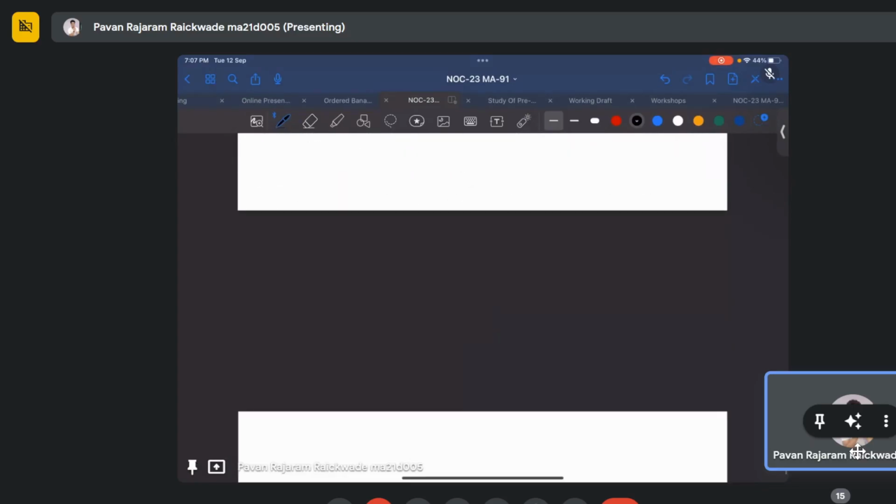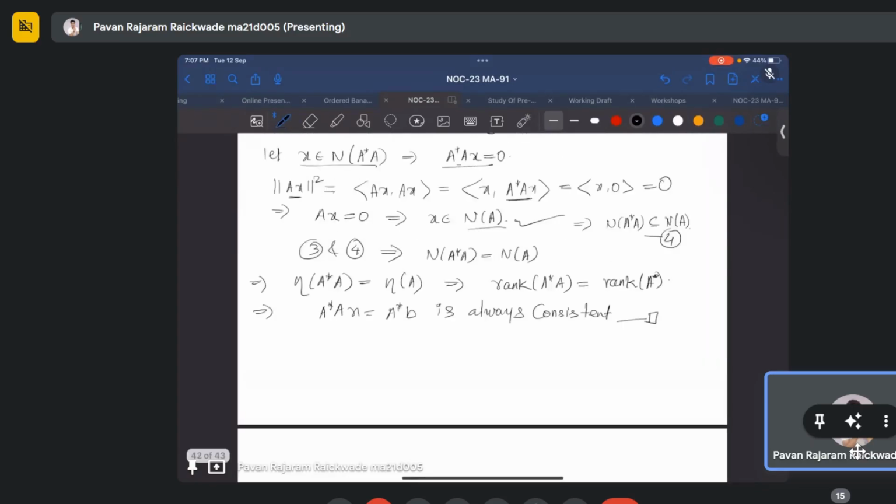This is how the A dagger B is defined. Also, some authors define the Moore-Penrose inverse in the following way. For any matrix A belonging to A m cross n, a matrix X which is n cross m, which satisfies the following conditions.